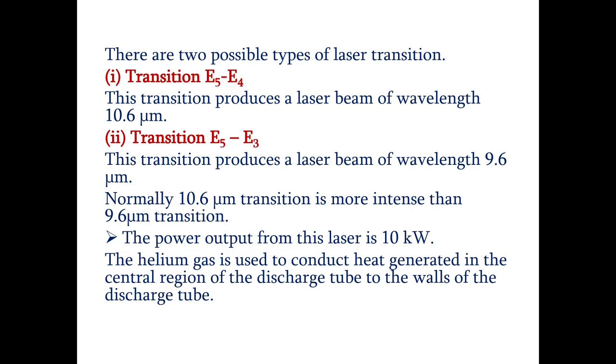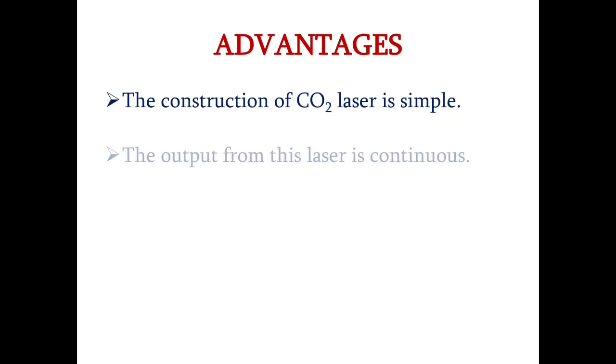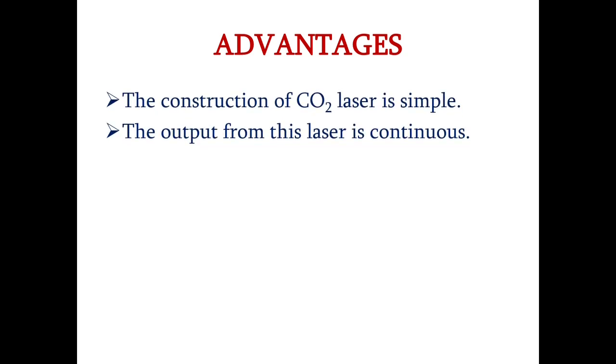One is transition from E5 to E4 level, which produces a laser beam of wavelength 10.6 micrometer, and E5 to E3 gives us a laser beam of wavelength 9.6 micrometer. Generally we can expect the 10.6 micrometer transition, which is more favorable than the 9.6 micrometer transition. So we get a high output power of 10 kilowatt from the carbon dioxide laser.